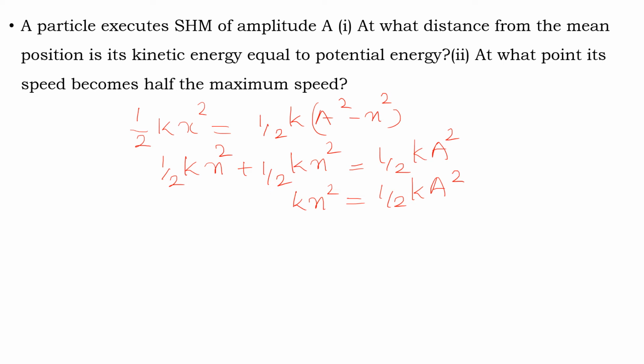Or x square is equal to A square divided by 2, or x can be represented as A by root 2. That is, 1 by root 2 is 0.707. Therefore, x is 0.707, or 0.71 A.